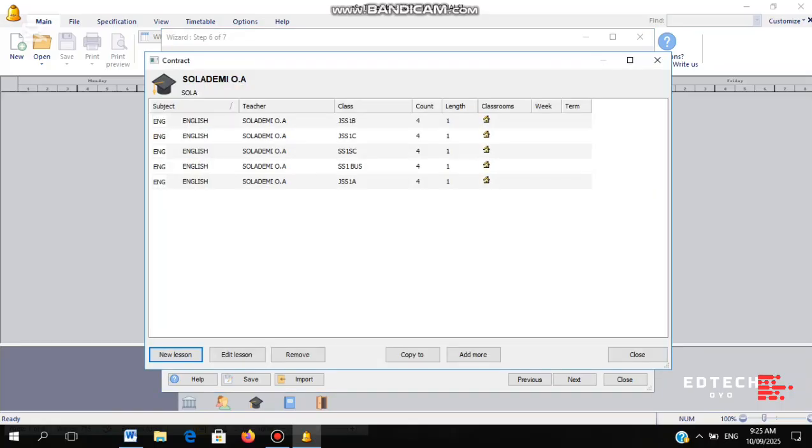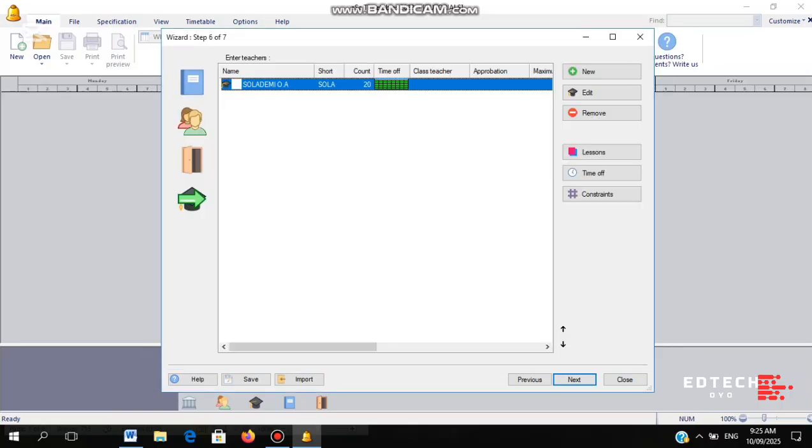Now, another thing you can do here for Mr. Sholademi is this. Maybe Mr. Sholademi doesn't used to be around on Tuesdays, or maybe after long break, you can use this function, time off.